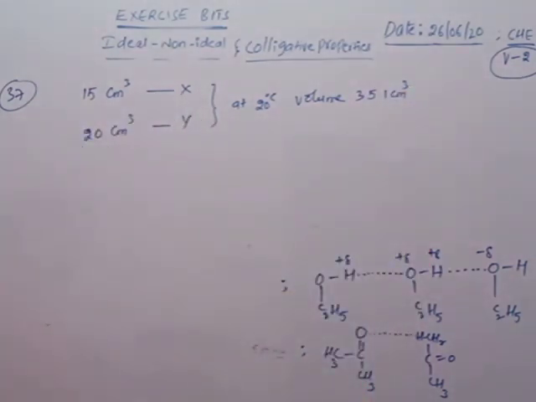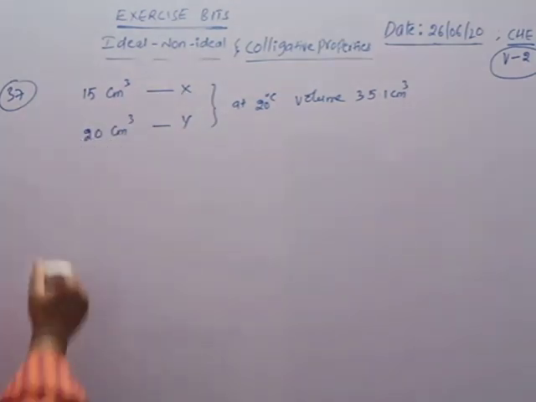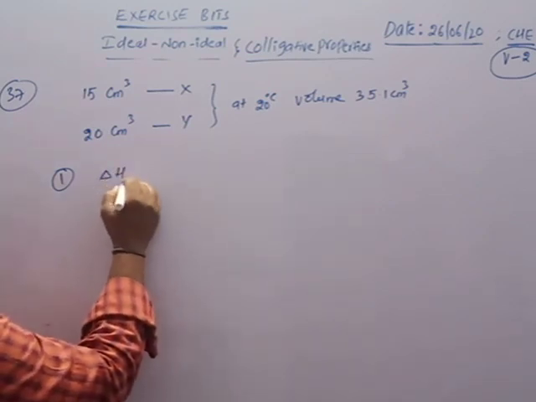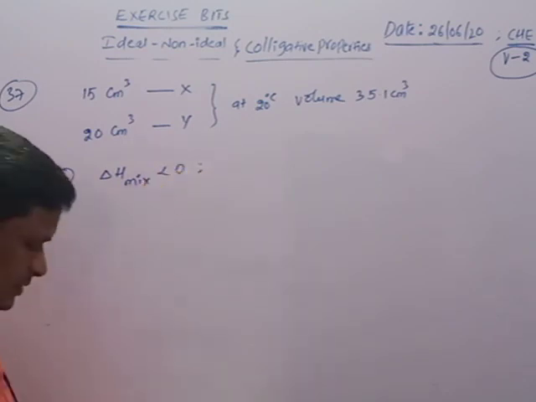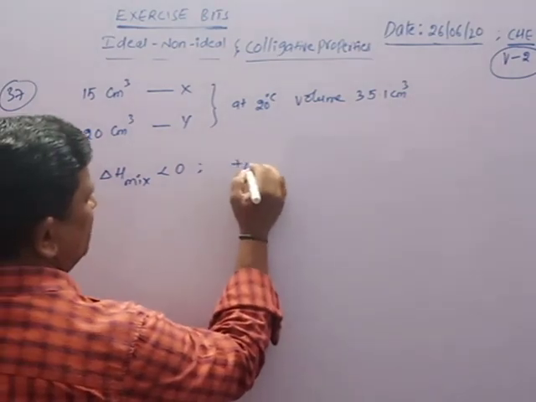So which is the correct statement? In the first option, delta H mixture is less than 0 and the solution shows positive deviation.